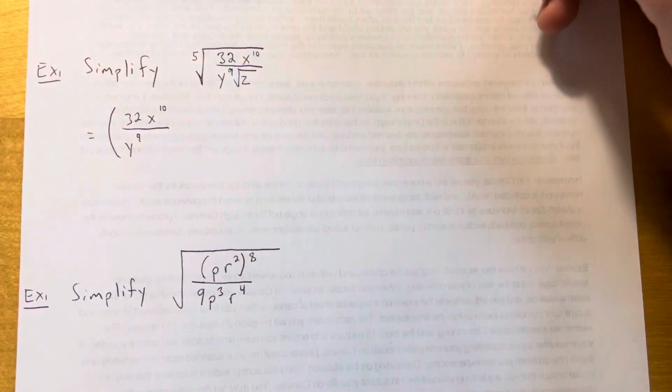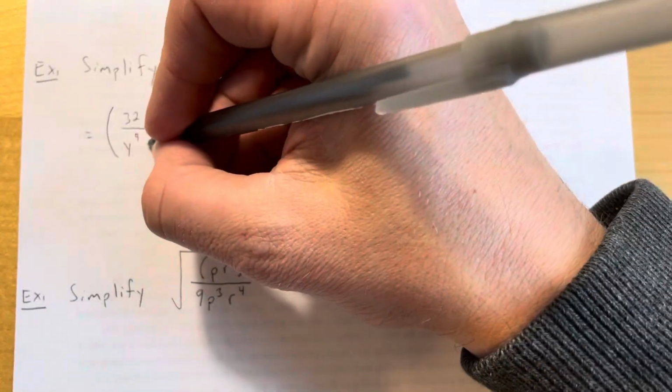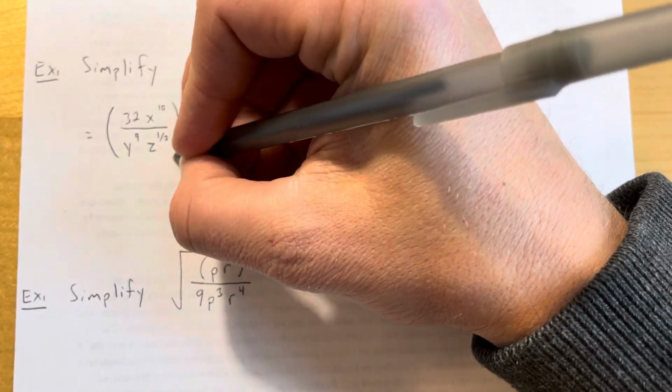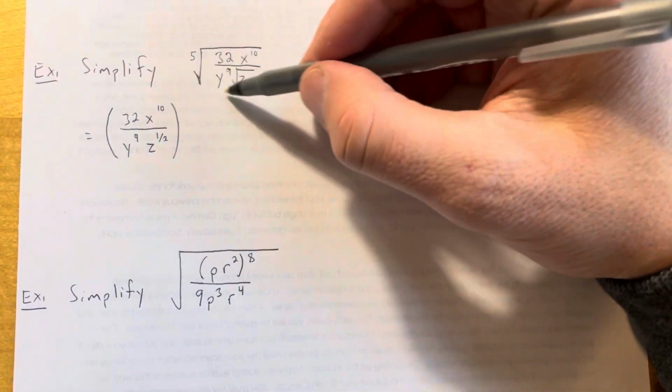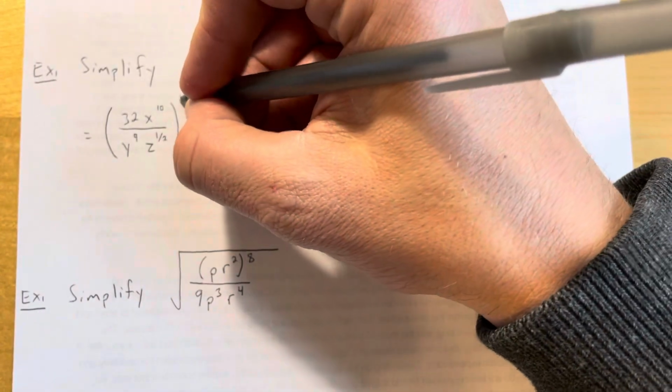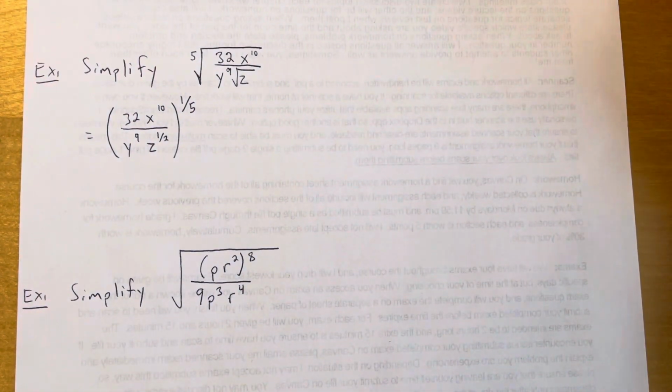This is the square root of z, but as a rational exponent, that's the same thing as z to the 1/2 power. And then if I take all of this stuff and I'm taking the 5th root of that, it's the same thing as raising it to the power of 1/5. Okay, that's the exact same thing.